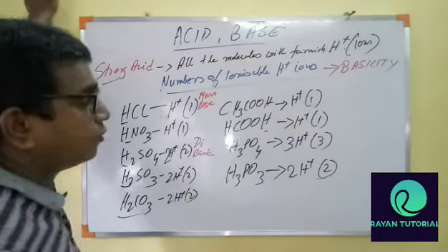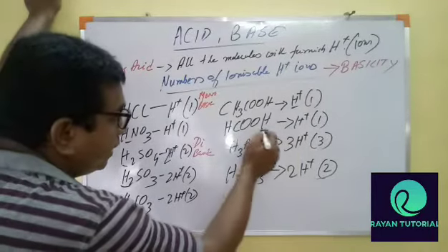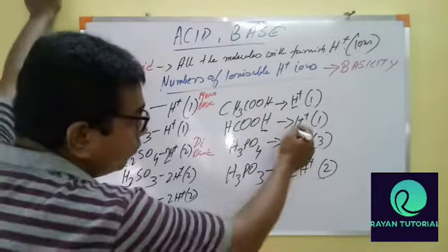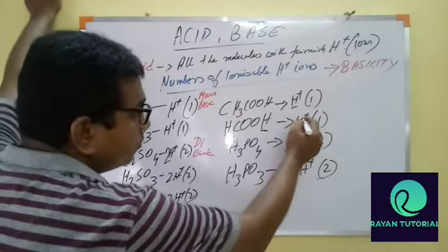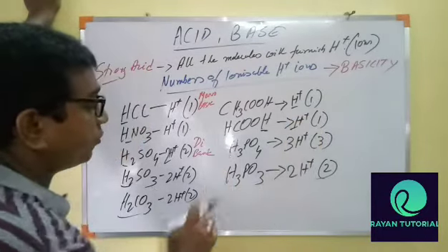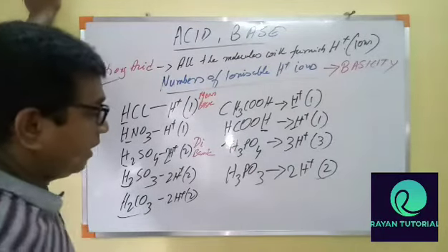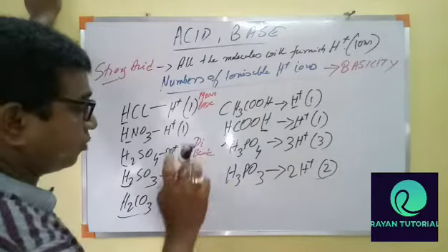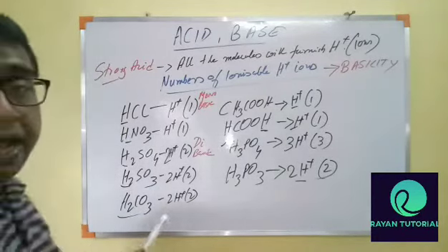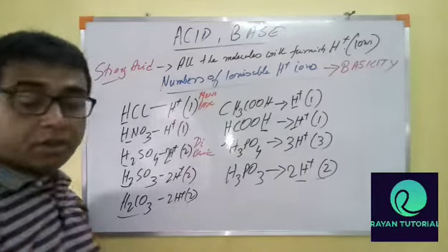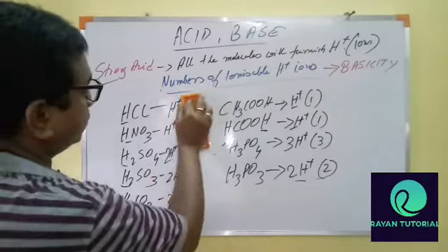Now see, here we got 4 hydrogens, but only 1 hydrogen is displaced. Here there are 2 hydrogens, but we are getting only 1 hydrogen ion. Here there are 3 hydrogens, we are getting 3 hydrogen ions. Here 3 hydrogens, but we are getting only 2 hydrogen ions. Why? Let me show you why.